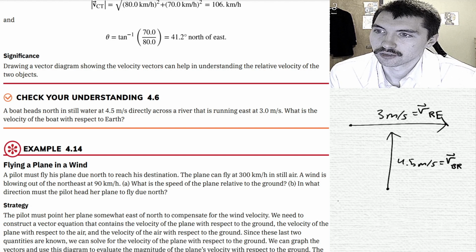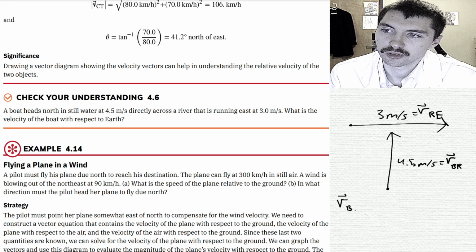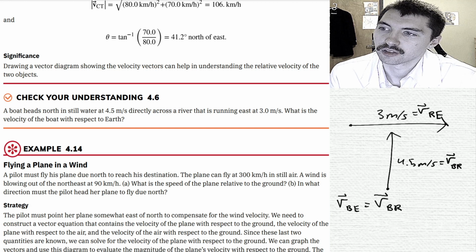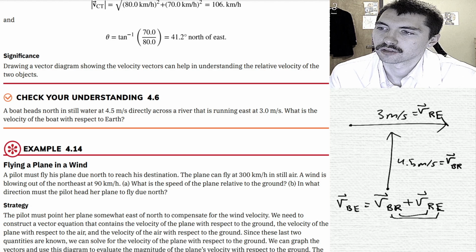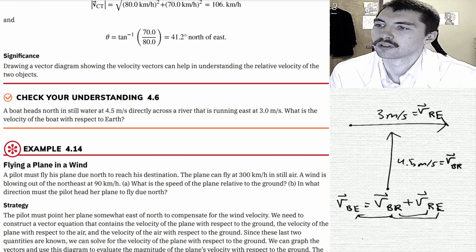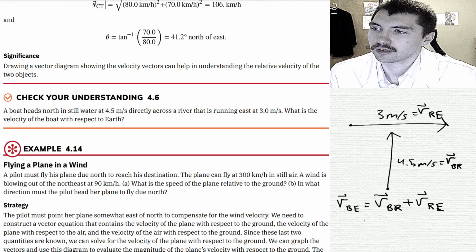So we want the velocity of the boat with respect to the Earth. So we can take velocity of the boat with respect to the river, plus the river with respect to the Earth. Okay. As far as I can tell, I'm not seeing we need to do any subscript swapping. Dimensions match.